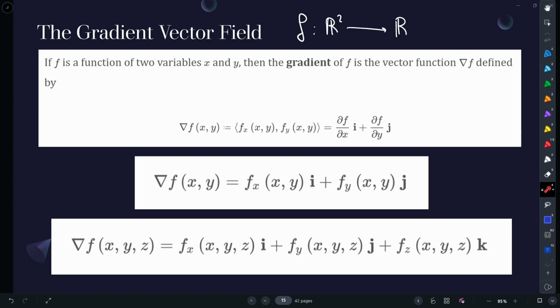But in any case, for functions from R2 to R, or for functions from R3 to R, I can find these vector fields that are called the gradient vector fields.